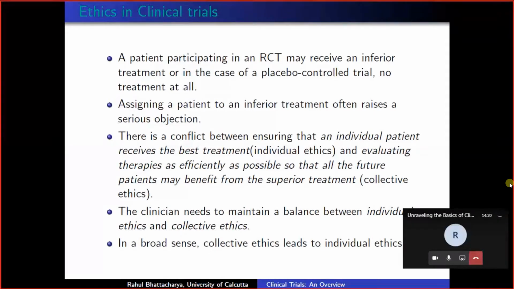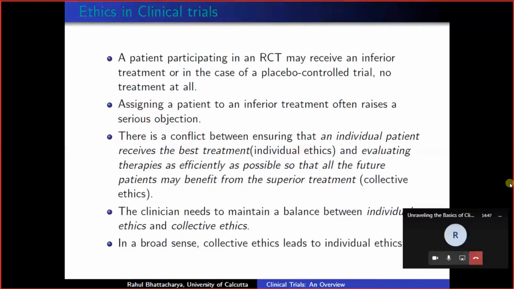So there must be some inferior treatment. Now, what is ethics in clinical trials? The ethics is that if a patient enters into the clinical trial, you have to put the patient on the best treatment. That's how ethics can be maintained. But the problem is that before the experimentation, how do you get the best treatment?